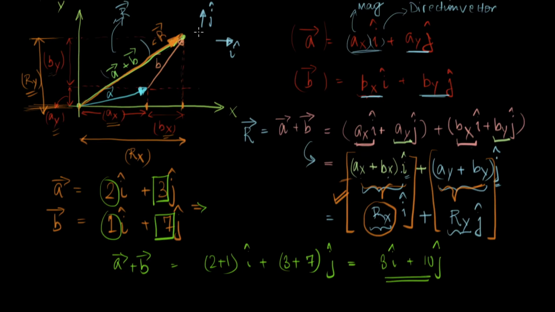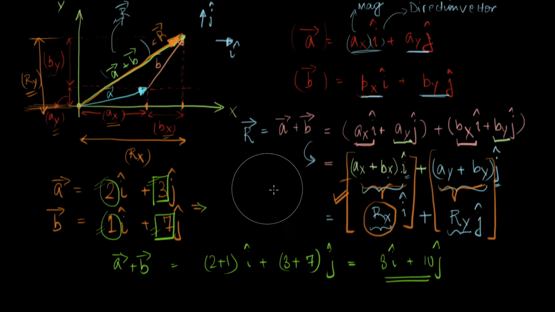So that is the power of resolving vectors in i and j directions, because that makes it so much simpler. If you know the x components, which in this case are 2 and 1, and you know the y components, which are 3 and 7, if you want to find the resultant, that would just be the addition of all the components added in that order. So if you want to find the x component, that would be 2 plus 1, and y would be 3 plus 7, as I've done here.